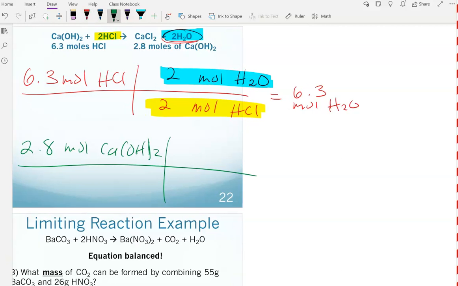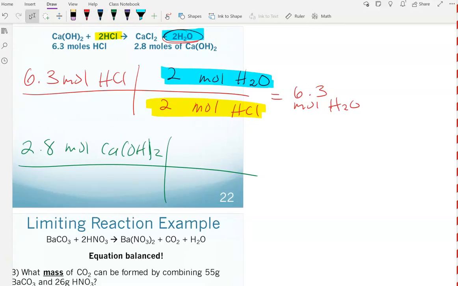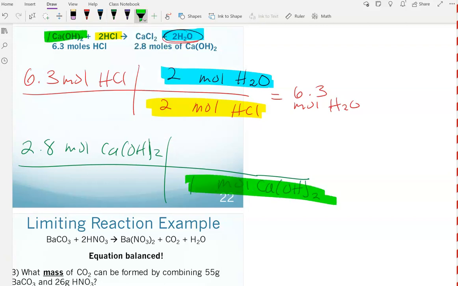Now we're going to do the same thing with the calcium hydroxide. Again, I know moles of CaOH2 have to go in the bottom here. Then I look at the equation and it is 1 mole according to the balanced equation. And then I am going to also convert that into moles of water because we're converting both of these into the same product.